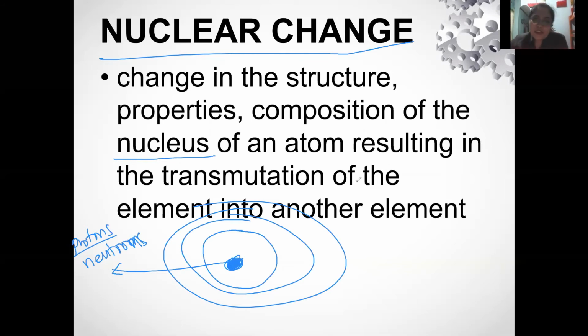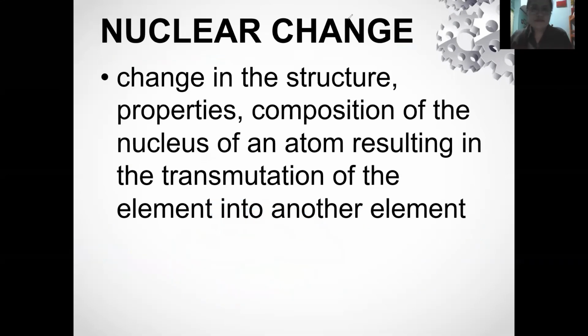So for example, pag pinag-react mo ang dalawang atoms ng helium, pareho silang helium ha, pero yung product mo ay this one, beryllium. So yung nucleus ng atoms ng helium, nag-change. And then, nagkaroon ka ngayon ng beryllium. We call it nuclear change.